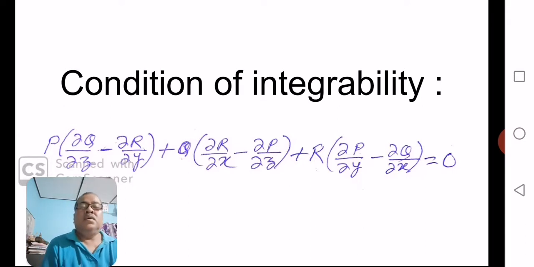From the system of equations and the original equation we can eliminate u. After eliminating u, we find a condition, known as the condition of integrability: p into (del q by del z minus del r by del y) plus q into (del r by del x minus del p by del z) plus r into (del p by del y minus del q by del x) equal to 0. This is the condition of integrability.